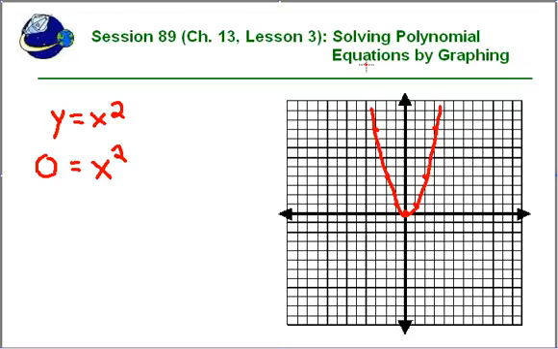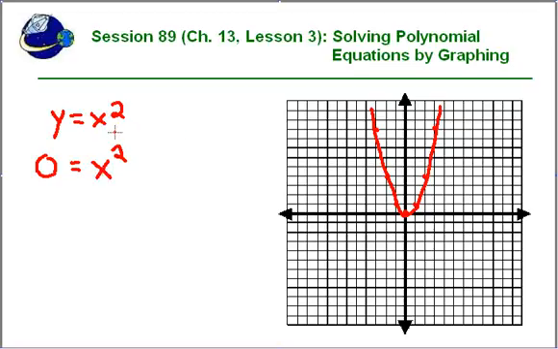But when we talk about the solutions to the equation x squared equaling 0, remember what we talked about before: an equation in one variable in standard form has all of the monomials on one side of the equation in descending order, and on the other side is a 0. So taking a look at the equation x squared equals 0, how many different solutions are there to that? Well, there's just one, when x equals 0.